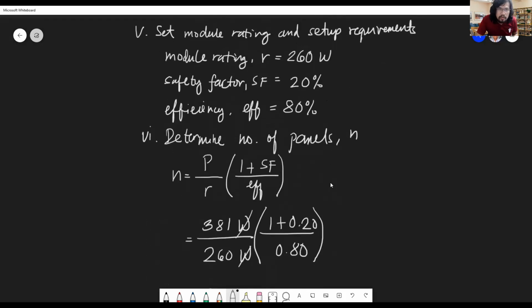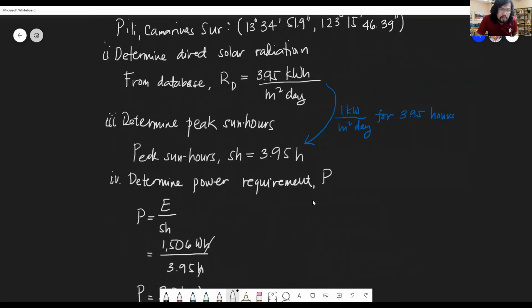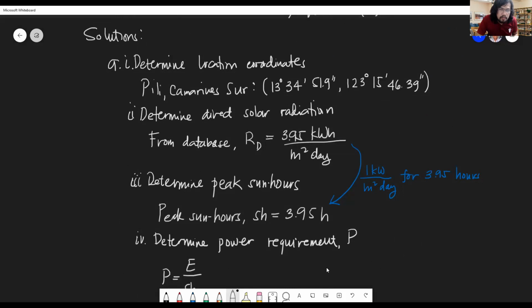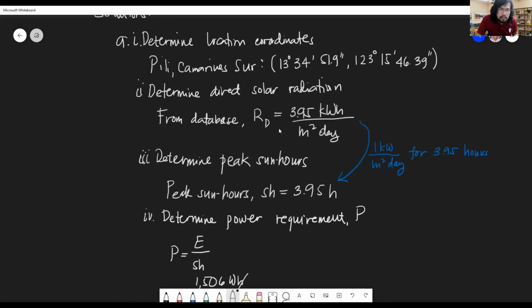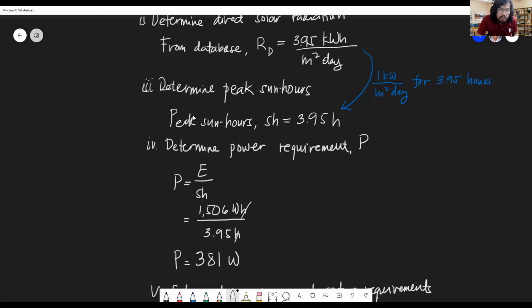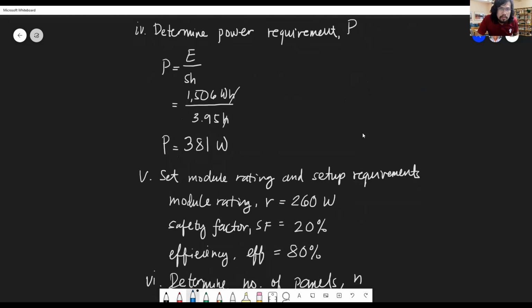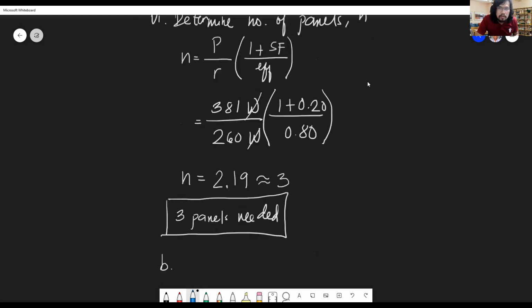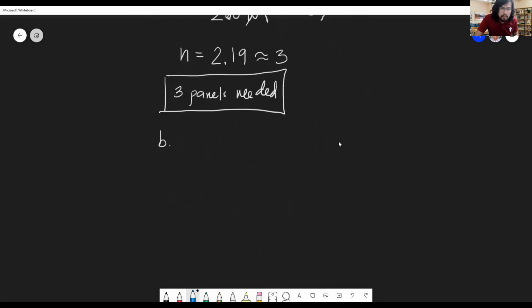So we started out with the determination of the location, and then what we'll do is go back to this portion of the solution, determine the peak sun hours, and we did it for the lowest.